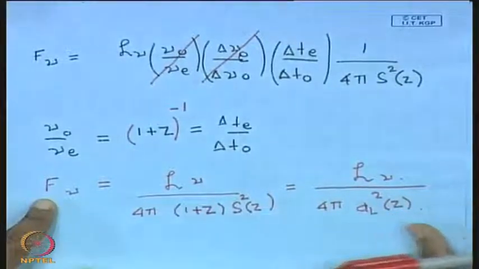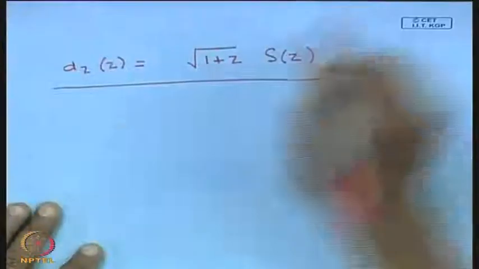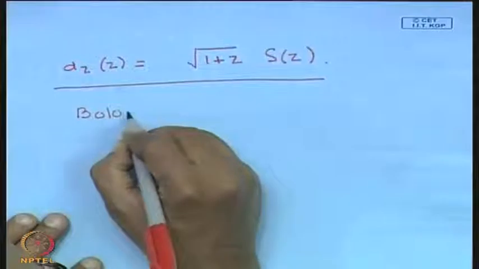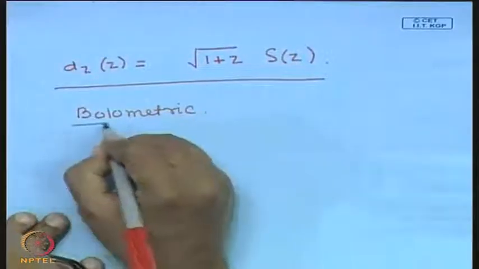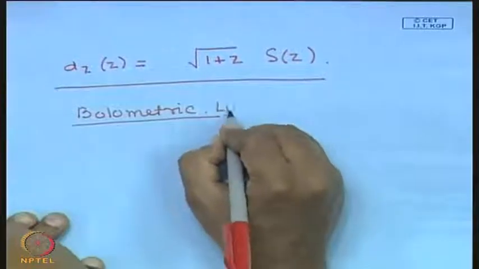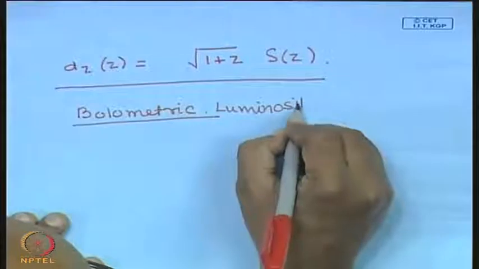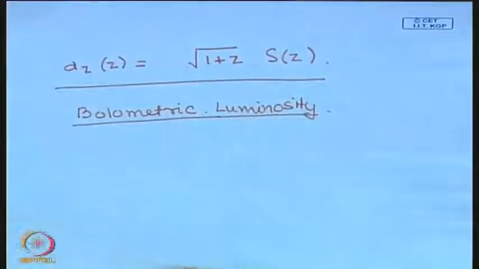Now, quite often you do not deal with this, what you deal with is the bolometric luminosity. So, what is the bolometric luminosity? The bolometric luminosity is the total luminosity integrated over all frequencies. Okay.